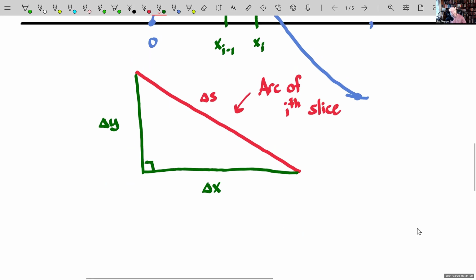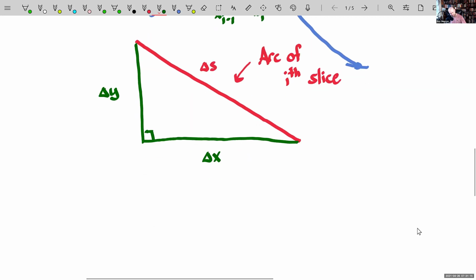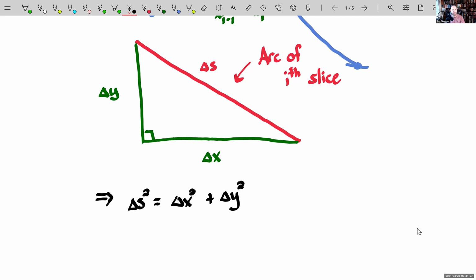And now we can relate delta y, delta x, and delta S, obviously, through the Pythagorean theorem. So this implies delta S squared is equal to delta x squared plus delta y squared. I love this part of calculus because it really just goes back to our good old algebra and kind of the easy algebra, right?